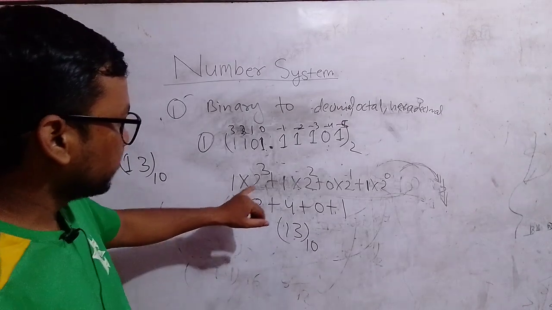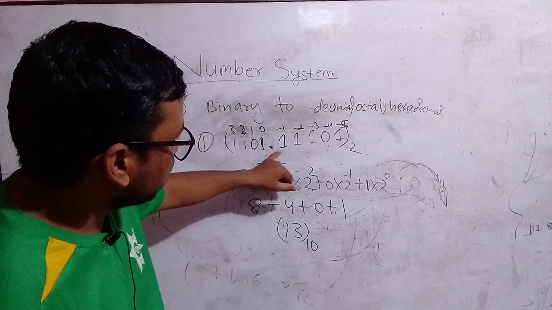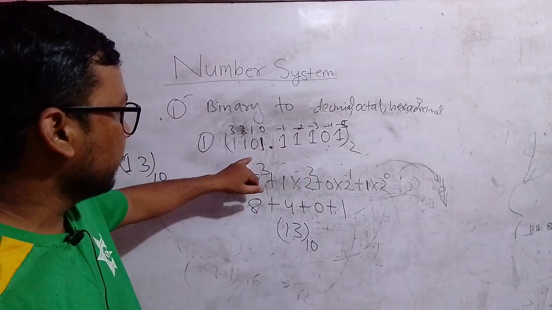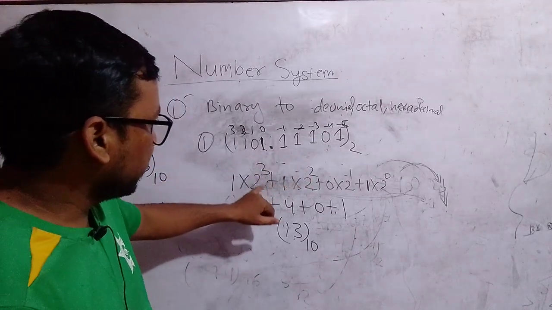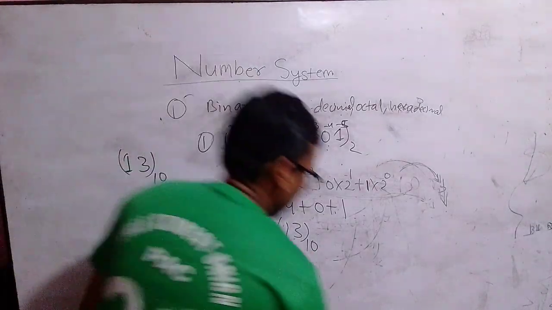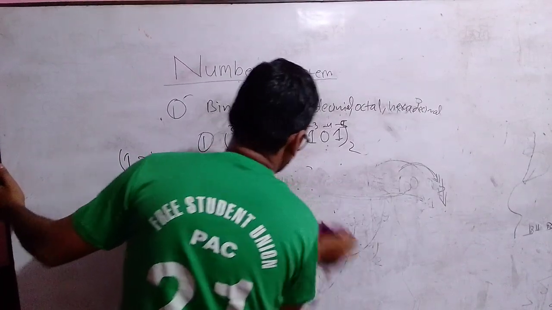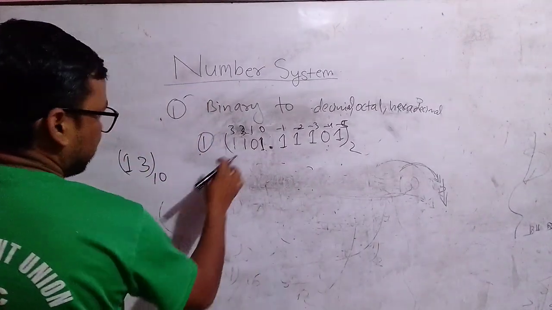Similarly, in this way, we need to write all these fractional or integer digits into 2 to the power of their positions. Now, let's see.